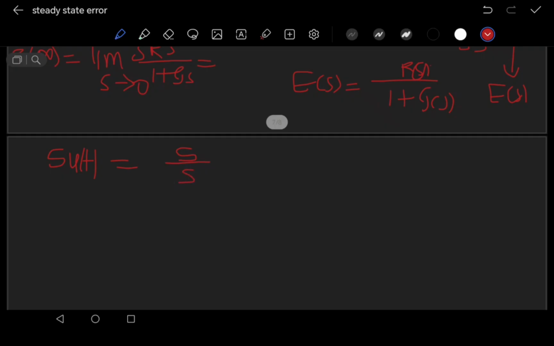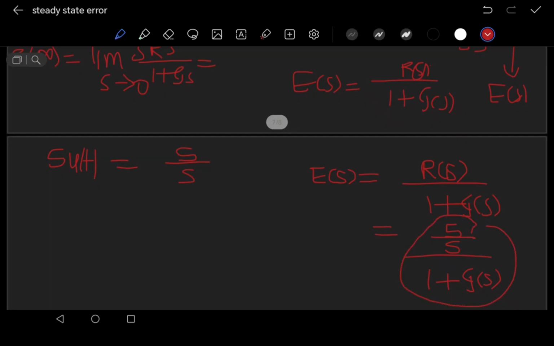Then we take it into our formula, 5 over s over 1 plus g of s, right? So this is how it is.